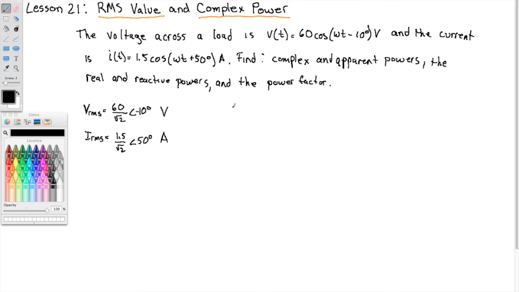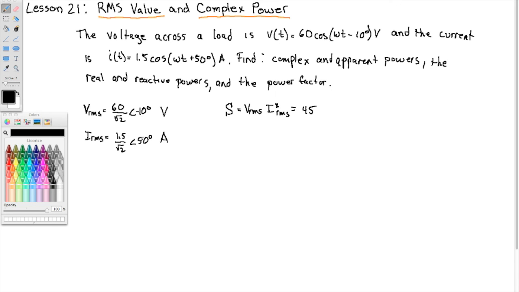So the complex power, which we said was V RMS times the complex conjugate of I RMS. Okay, we can do that multiplication. We get 60 times 1.5 is 90, but then over 2, so that's 45. And then the angles add, but when we take the complex conjugate of I RMS, this is going to be a minus 50.